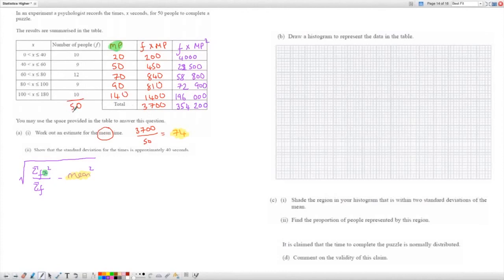Dividing through by 50 and subtracting our 74 squared.